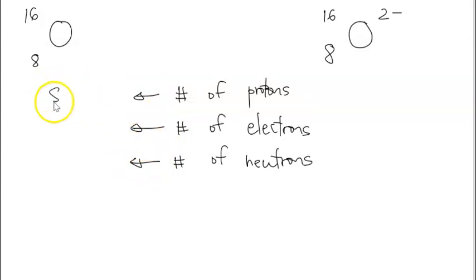Number of protons 8, given by our atomic number. Number of electrons in a neutral atom, same as protons. Neutrons, 16 minus 8 would give us 8 neutrons.